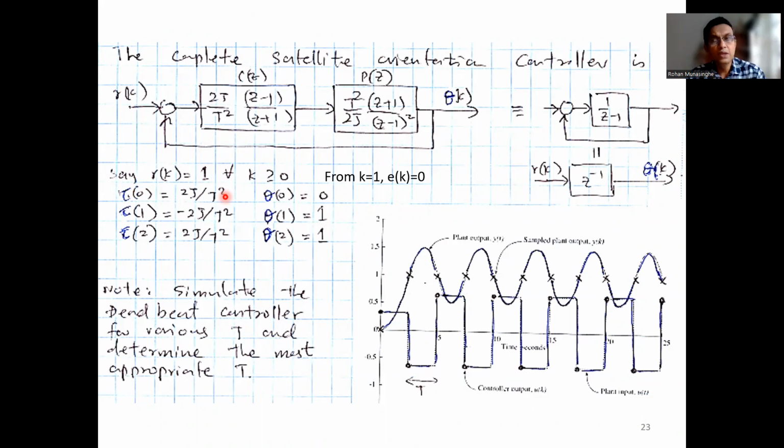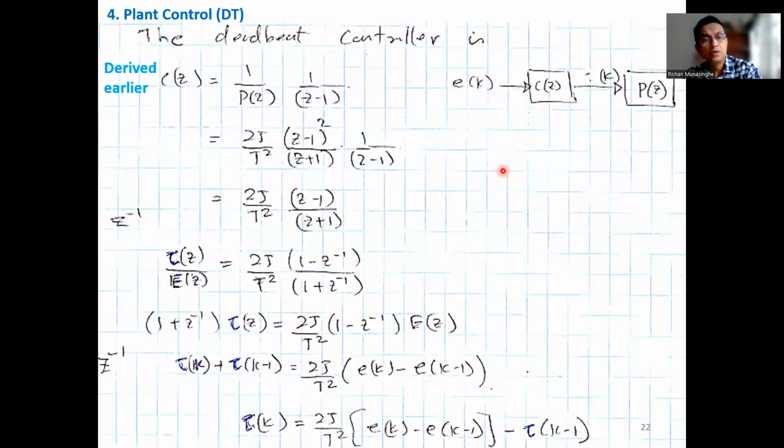Okay. Now after one time step, it goes to exactly 1, and there's no error now. Now you calculate, okay, what is the torque I should be giving now? This is the equation which calculates the torque.